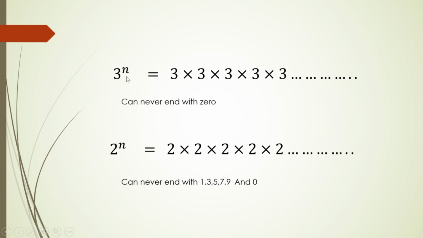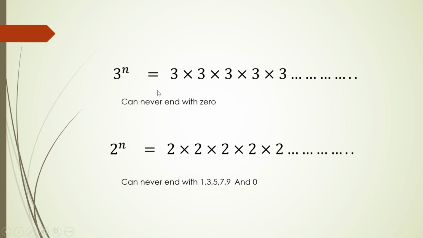So what I'm trying to tell you, whatever may be the value of n, none of the numbers will end with 0. The reason is because this number will not have 2 and 5. 3 raised to power n is telling the number is composed of 3 only. So that means there is no 2 and 5, so it's not a multiple of 10.